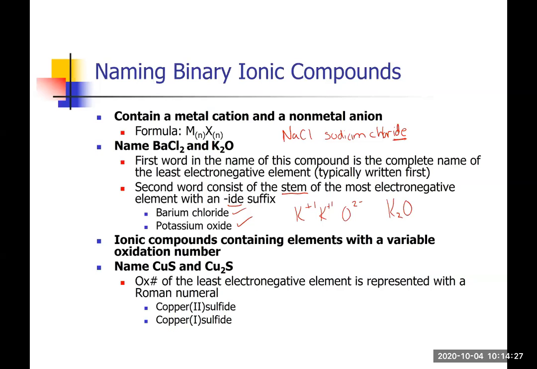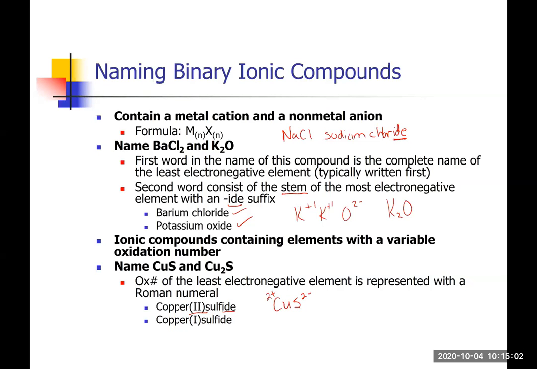If we look at CuS, we know that sulfur has an oxidation state of 2-. That means that the copper is going to have an oxidation state of 2+ to give us charge neutrality on this compound. And so we'll put that 2 as a Roman numeral in parentheses, and the name of this compound will be copper(II) sulfide, again changing sulfur's suffix to IDE.